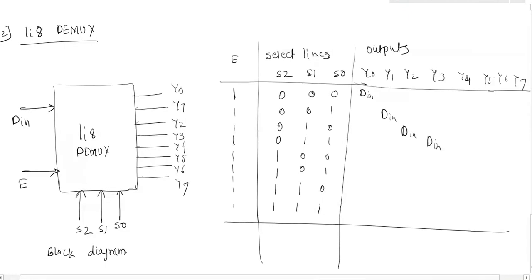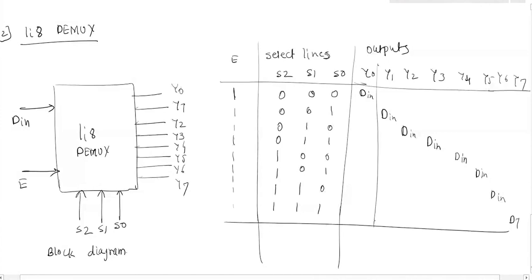Then for 1, 0, 0, it is displayed onto Y4. Then Y5, then Y6, and then Y7. And for the remaining times, the outputs are 0, 0, 0.